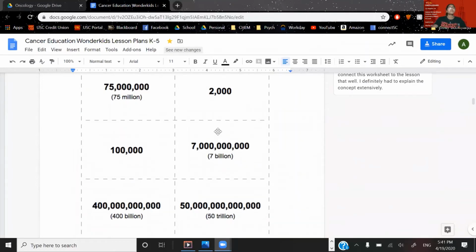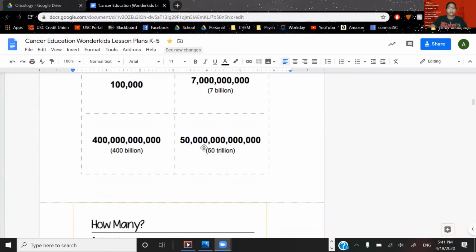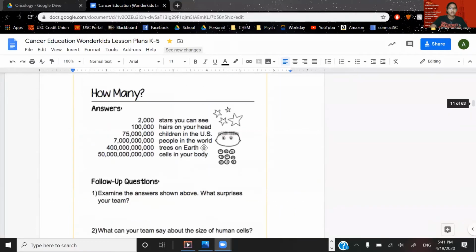Some sort of guiding statements like that to push them to the correct value. The 2,000 was actually stars you can see, and then 100,000 is hairs on your head. But this is how I wrote it on the board: the numbers in ascending order, and then I filled in the blanks on the side as I had them guess.